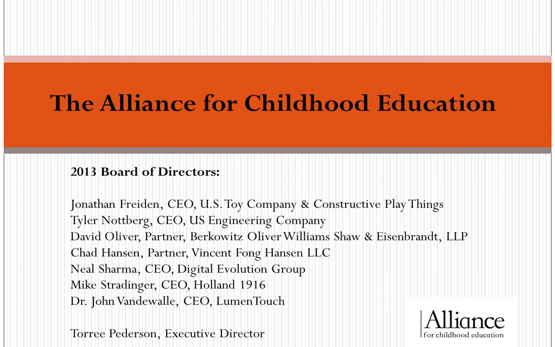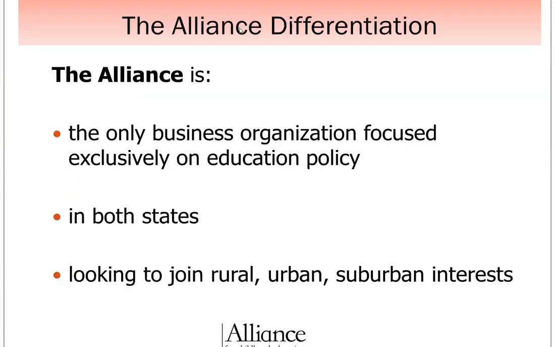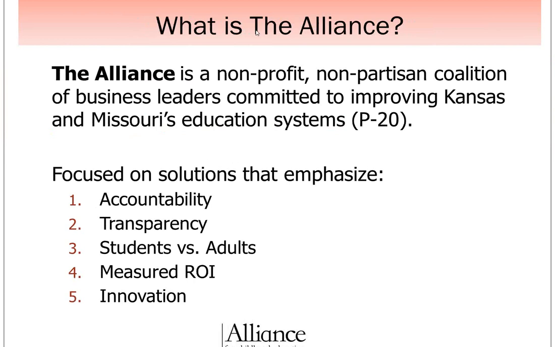But let me first go a little bit into who the Alliance is. The Alliance is a nonprofit, nonpartisan group of business leaders committed to improving Kansas and Missouri's education system. We're focused not only on early childhood education, but all the way through the spectrum. In this first-year plan, most, if not all, of our attention is focused on the early education portions of this.